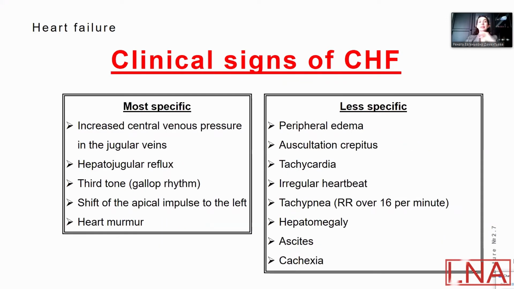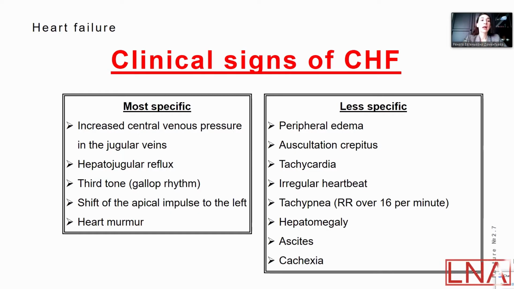Symptoms and clinical signs more specific for heart failure. Increased central venous pressure in the jugular veins, hepatojugular reflux during physical examining, third tone, and formation of a special rhythm like a gallop rhythm, which is significant for heart failure.